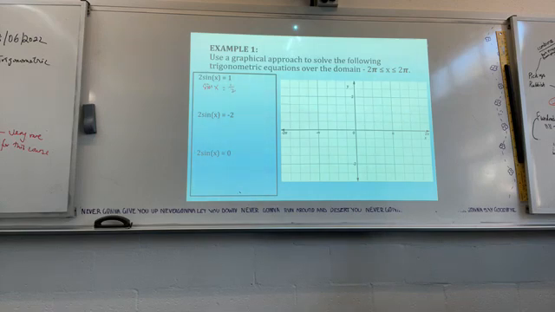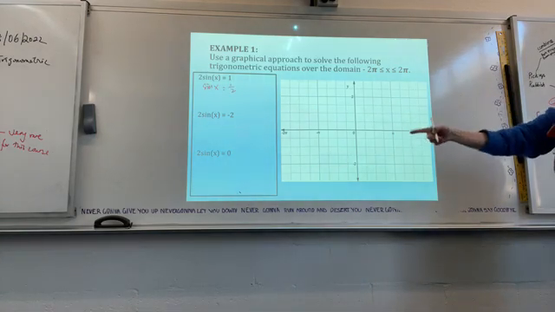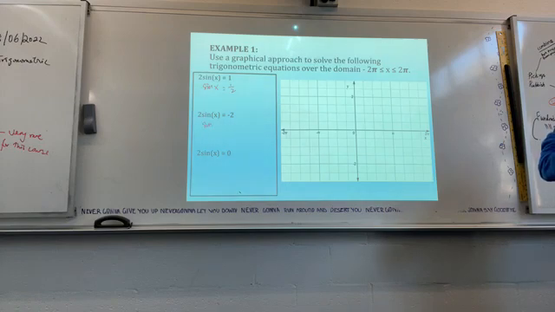All right? Before that, let's write all this down. Sine x will equal minus 1. Sine x will equal 0. So what we need to do is plot the graph of sine x for minus 2 pi to 2 pi.